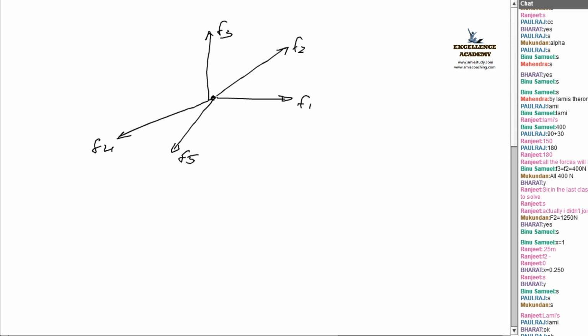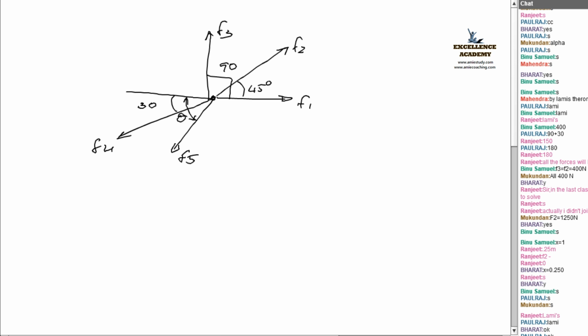And here F2 is at an angle of 45 degrees from here, and this one is 90 degrees from here, that is purely vertical, and this one is 30 degrees from the horizontal, and this angle, theta, is unknown.